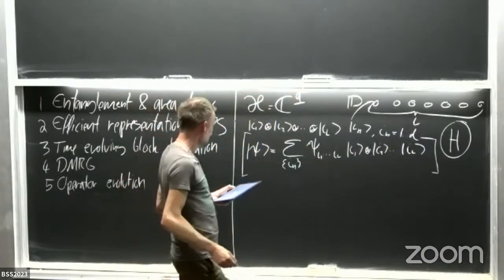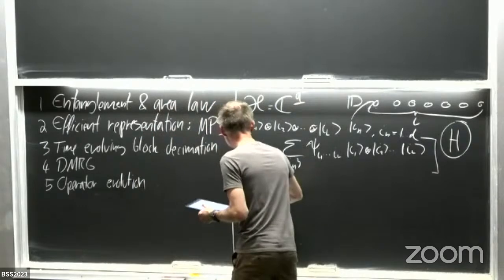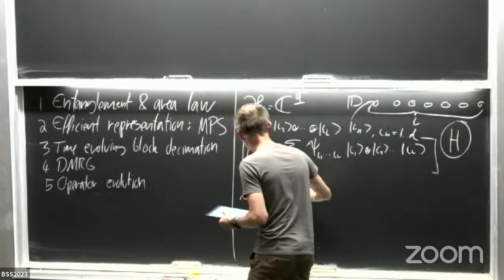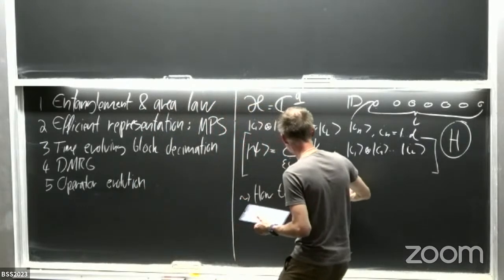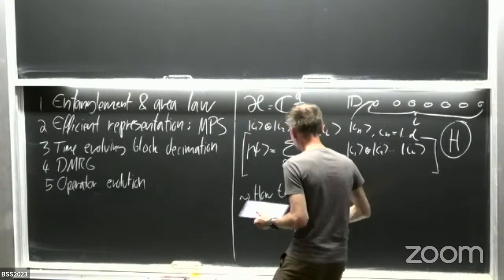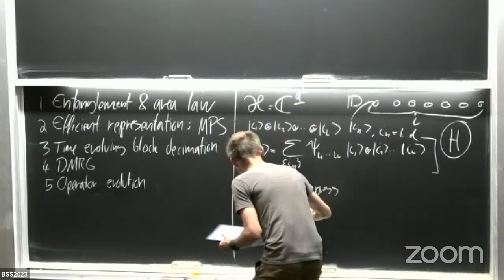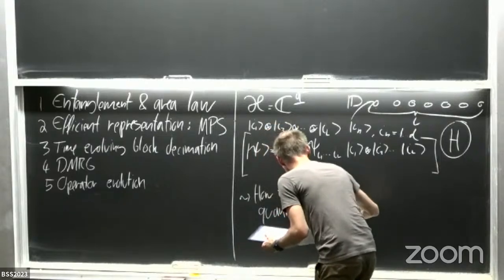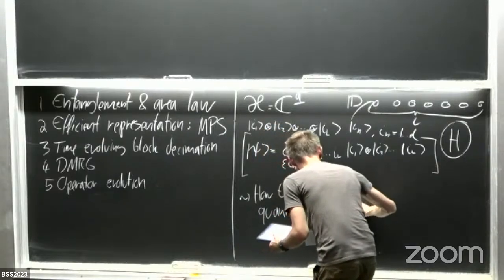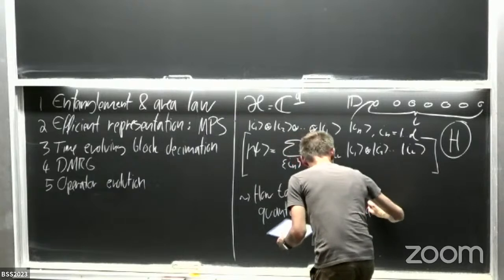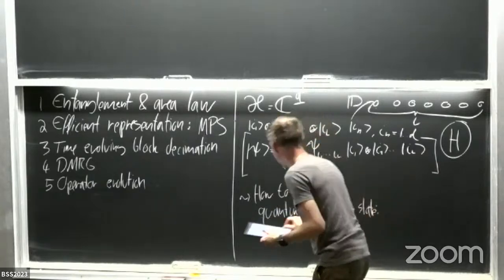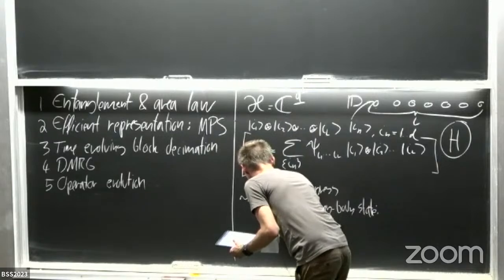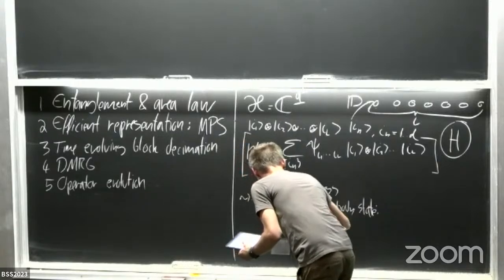And the big question, and this is what I want to address, is how to compress quantum states, or quantum many-body states. And the answer to this will be the matrix product states that I already mentioned.